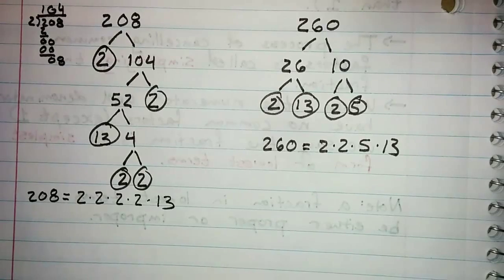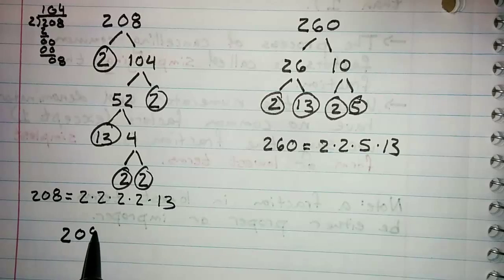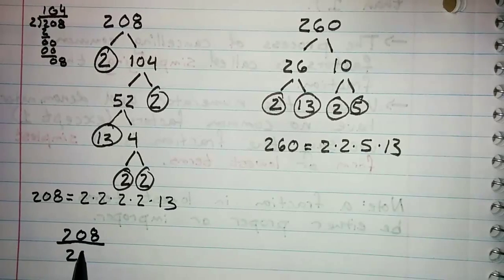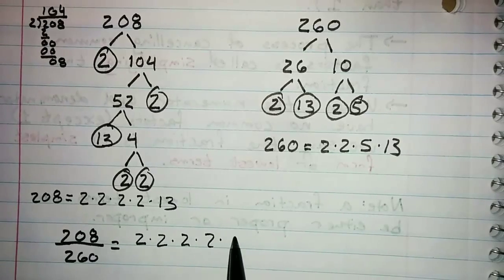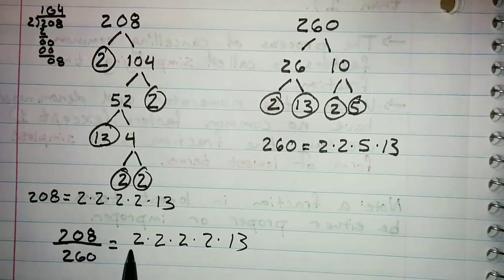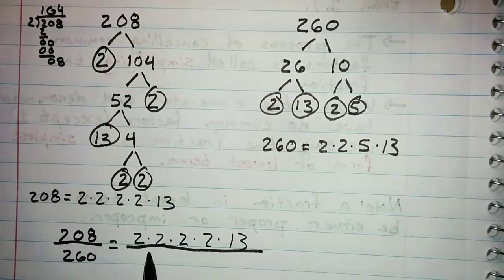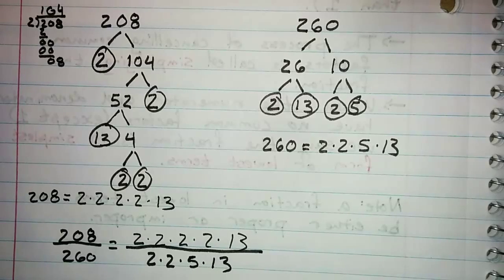So my fraction, 208/260, is 2 times 2 times 2 times 2 times 13 over 2 times 2 times 5 times 13. Let's see.